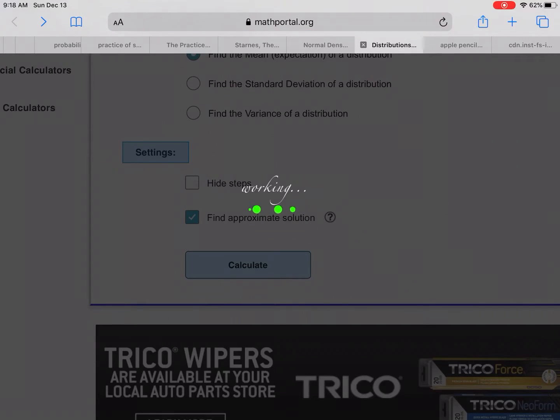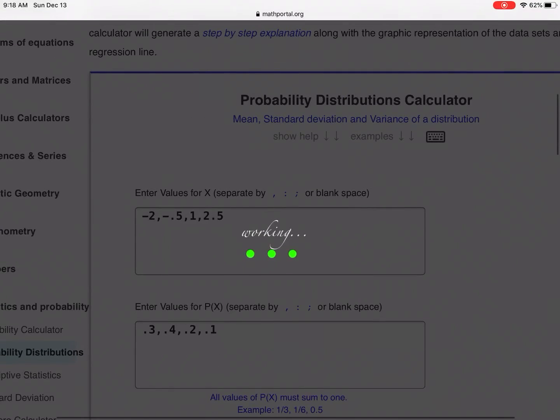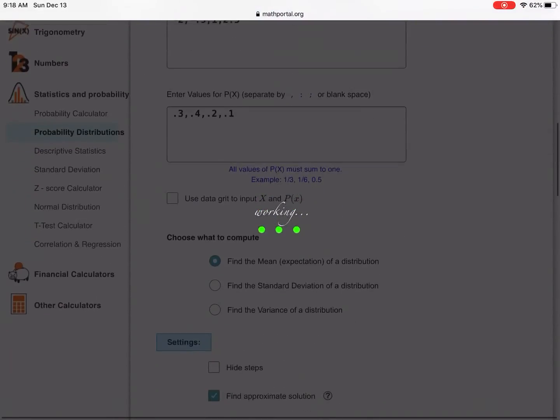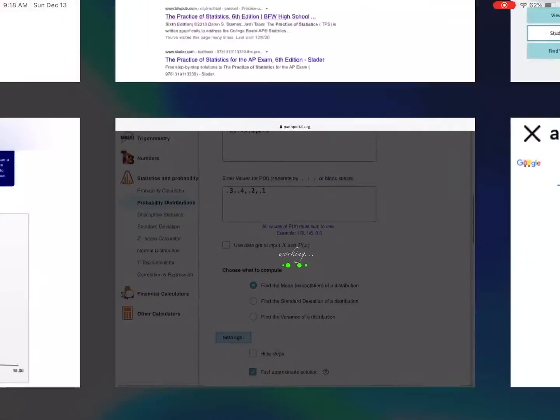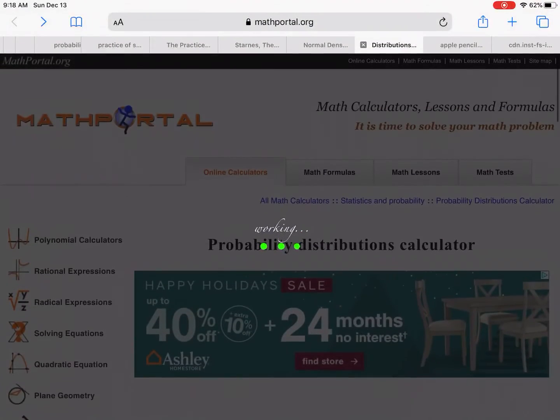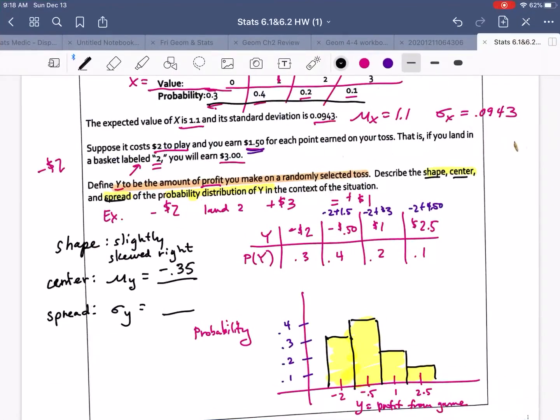So going back, we can do this again, but find the standard deviation. It's not liking that. All right, I calculated this before, so just trust me.